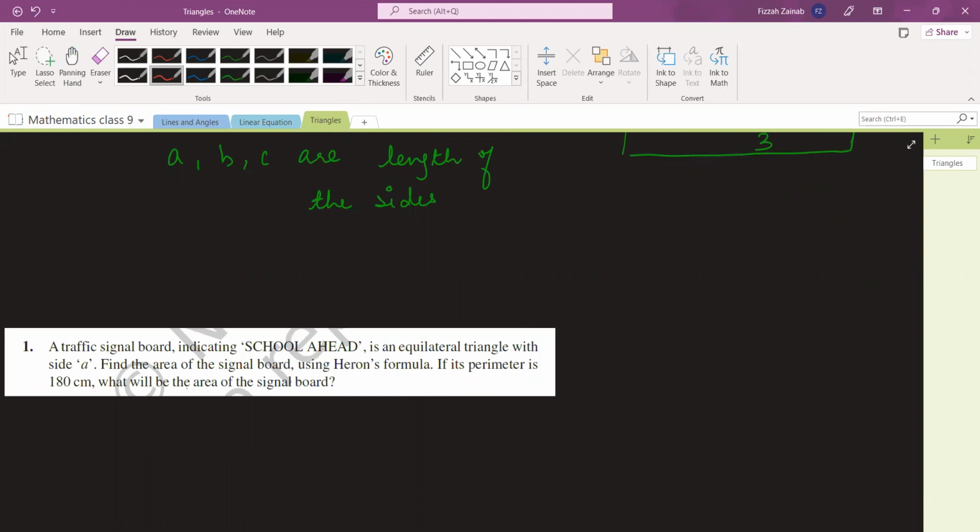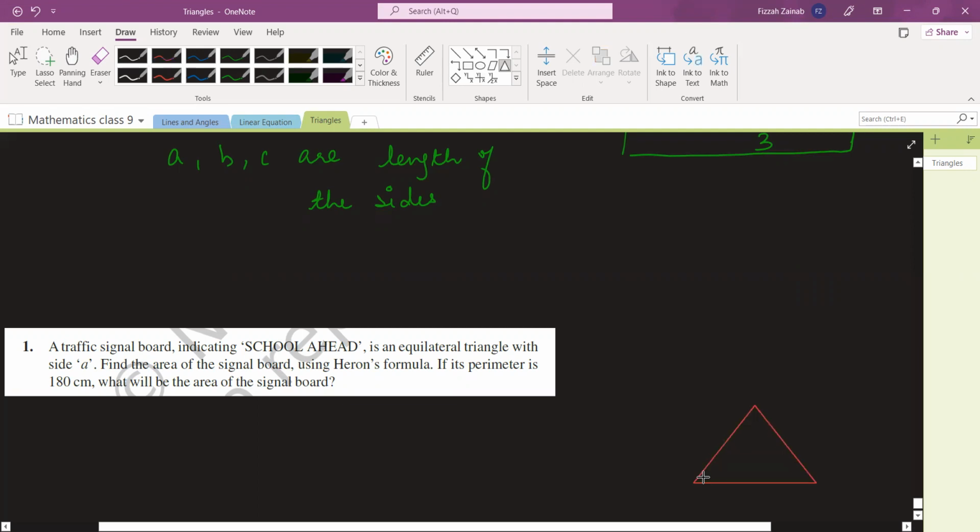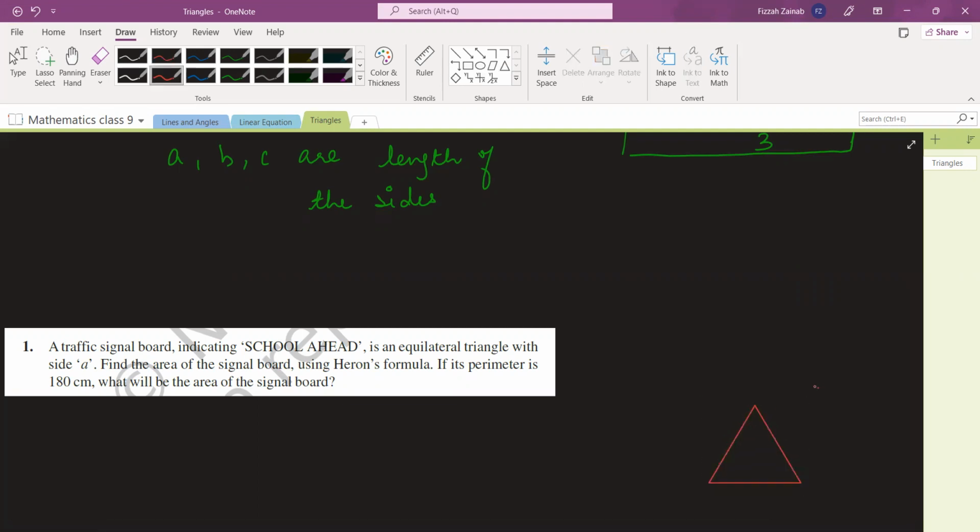So a traffic signal board indicating school ahead is an equilateral triangle with side A. Okay. So there's a triangle which is given to you. It's a signboard on the roads you must have seen, and each side is A. So it's an equilateral. That means all the sides are equal.